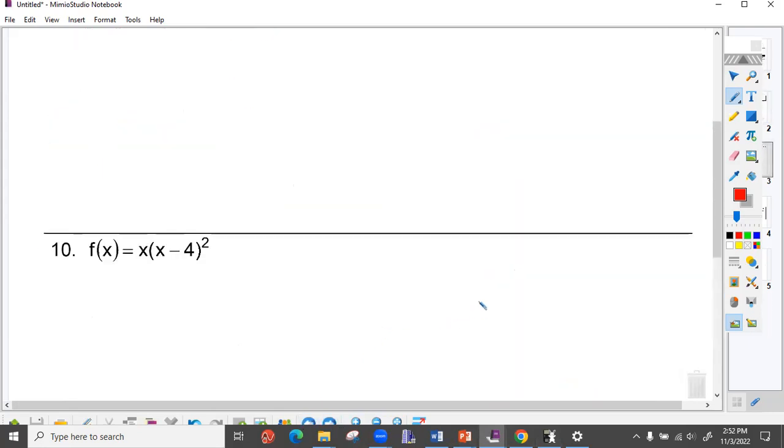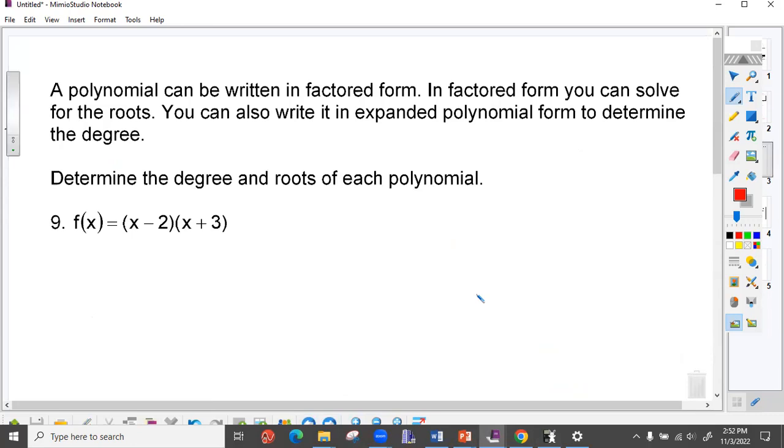So yesterday we talked about classifying whether something is a polynomial, and identifying its degree and the number of terms and all that good stuff. Today we're going to be looking at polynomials in factored form and using our previous knowledge to find the roots and to expand the function to determine its degree.